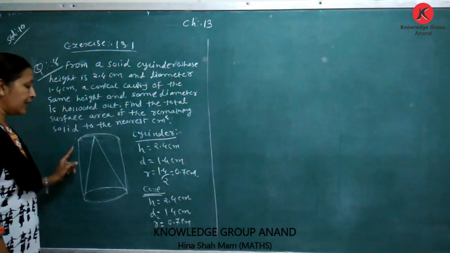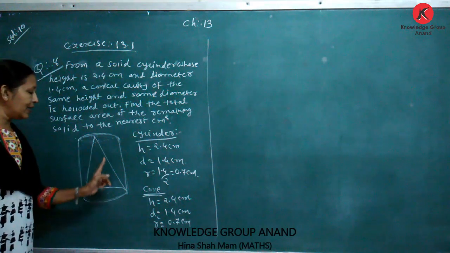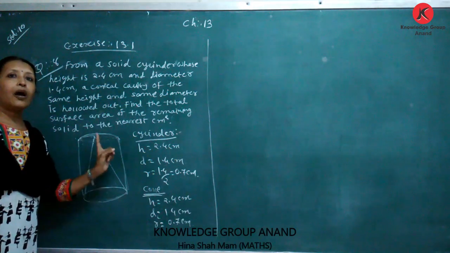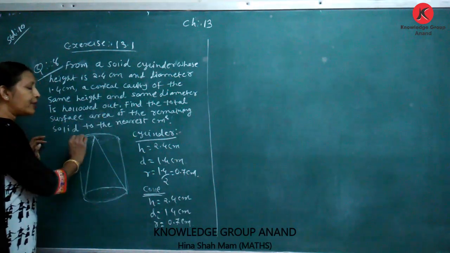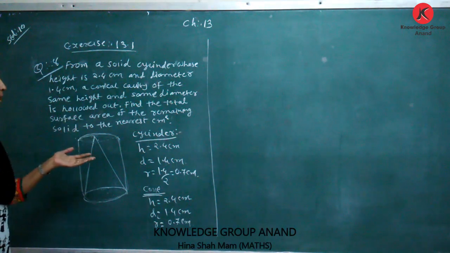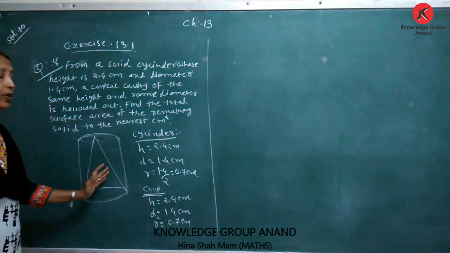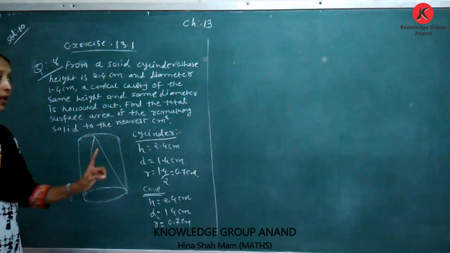In this question, curved surface area of cylinder plus curved surface area of cone plus area of circle, which is the circular part, then area is equal to pi r square. Now, curved surface area of cone is equal to pi r l. Then we first find l.